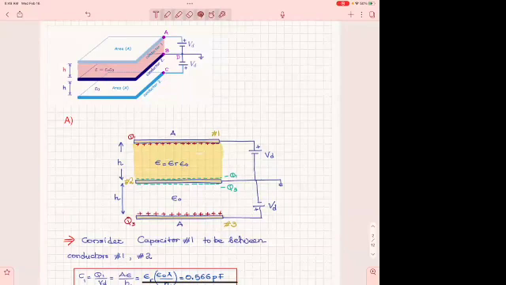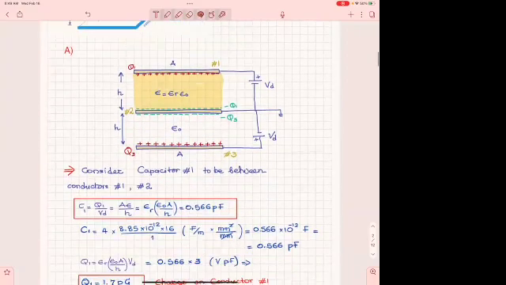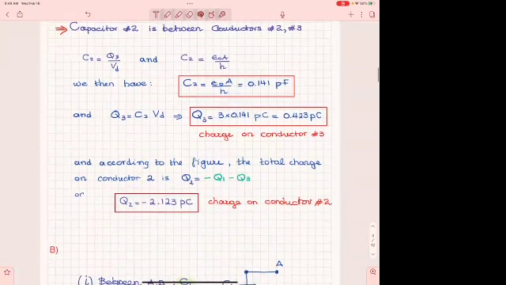So the second conductor is going to have as a total charge the sum of these two. The first conductor is going to have Q1. The third conductor is going to have Q3. We found those. And the intermediate conductor is going to have the sum of the two, and it will be negative.